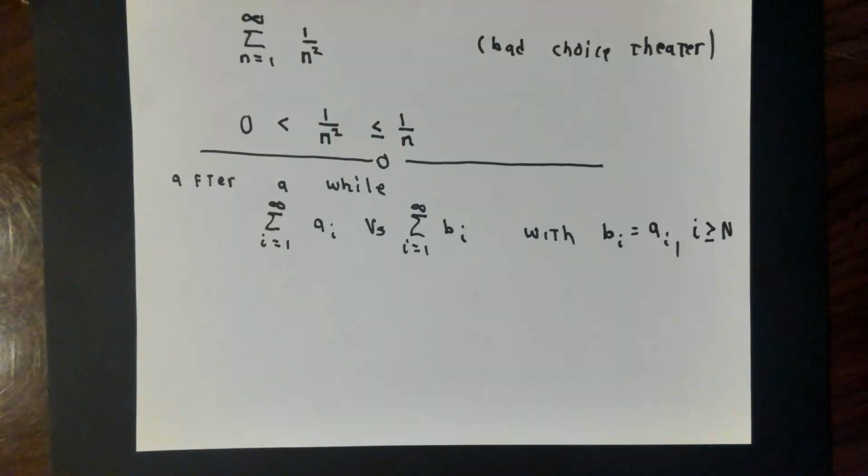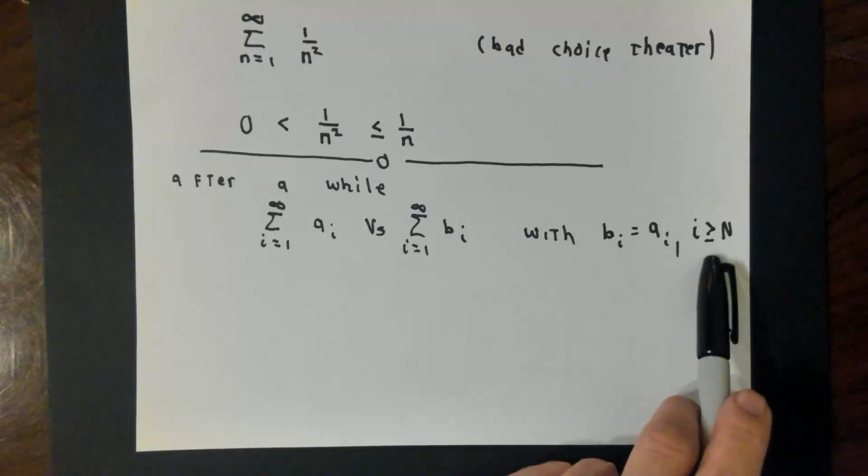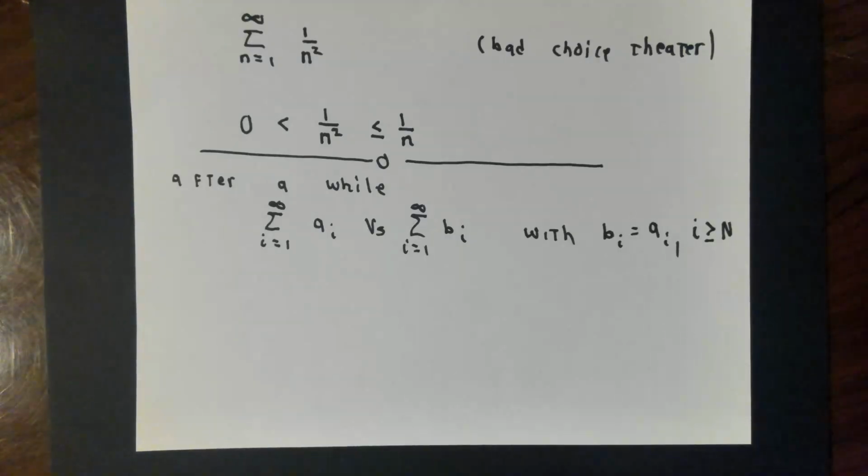Strictly speaking, that's not true. So I want to think just for a moment about a situation where I have two infinite series with the special property that after a while, after some particular index, capital N, the b_i number is the same as the a_i number.